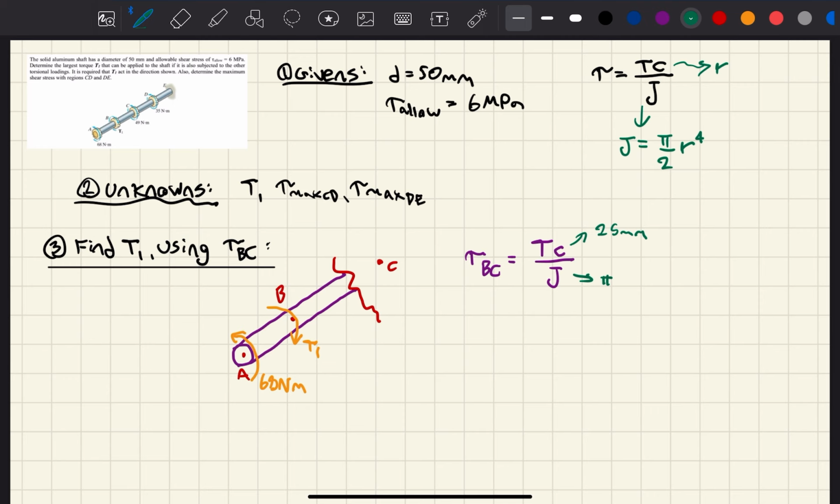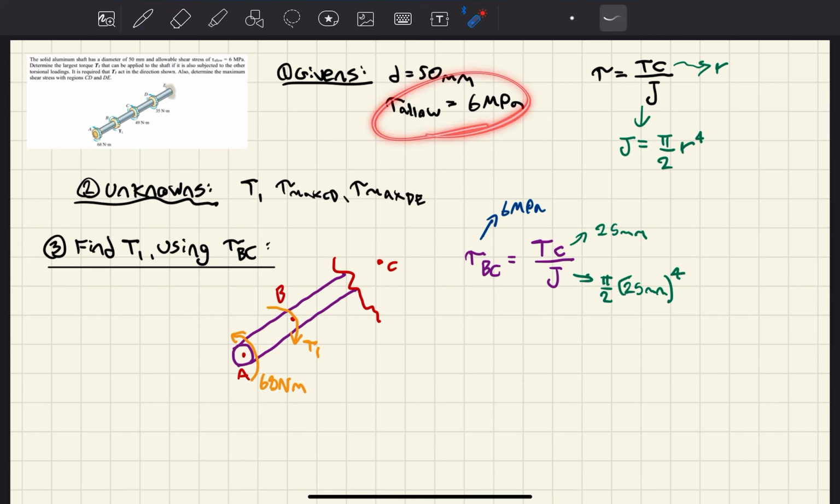J is pi over 2, 25 mm to the fourth. Tau is 6 megapascals. It's the allowable shear stress of the shaft, and that is given in the question. And T is the torque that's acting at my cut. Let's call it torque BC.